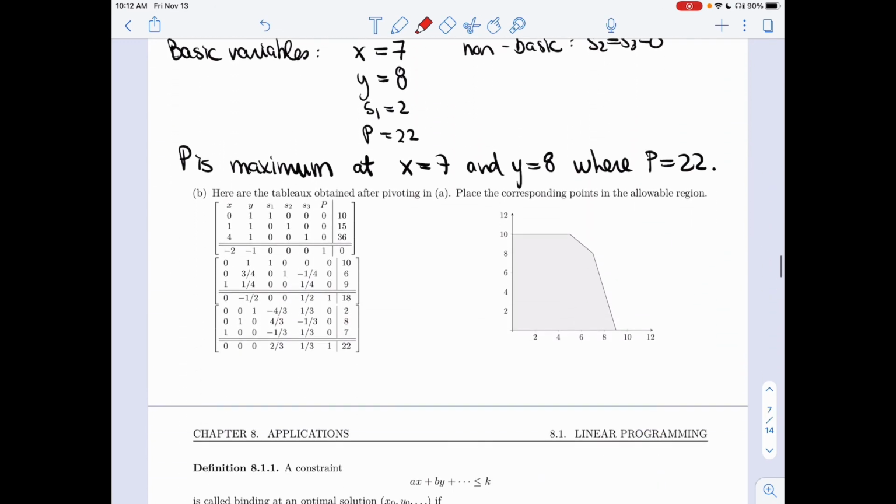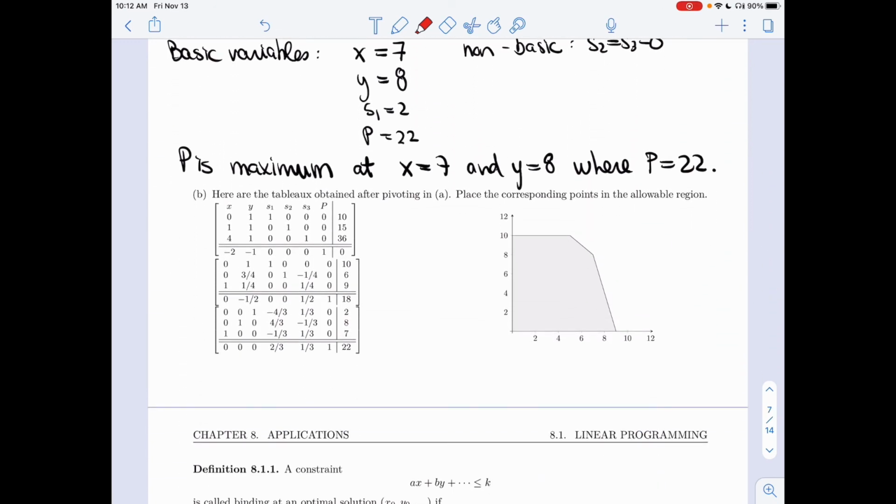That's a good sign. To show you what the method is doing, let's answer B. Here are the tableaus obtained after pivoting in A. Place the corresponding point in the allowable region. All right, so two of them we've already done. This one, if you remember, was the initial tableau. We looked at it last time, but let's do it again.